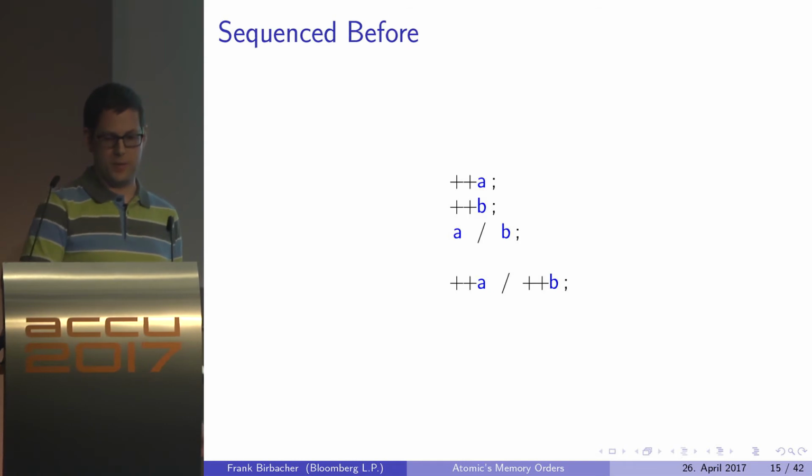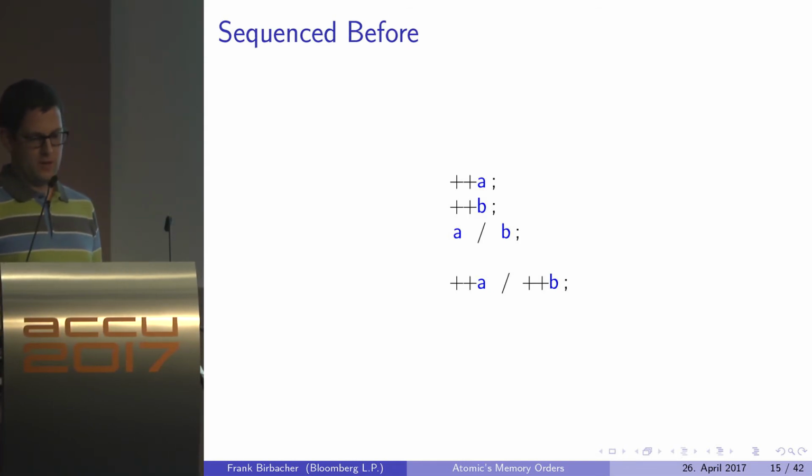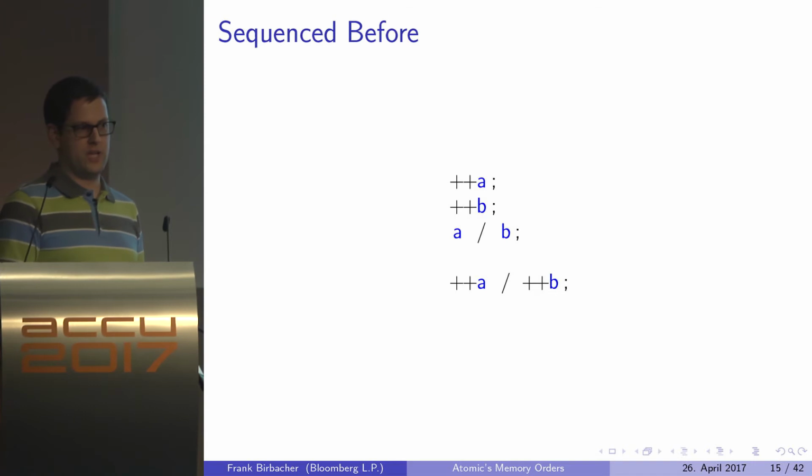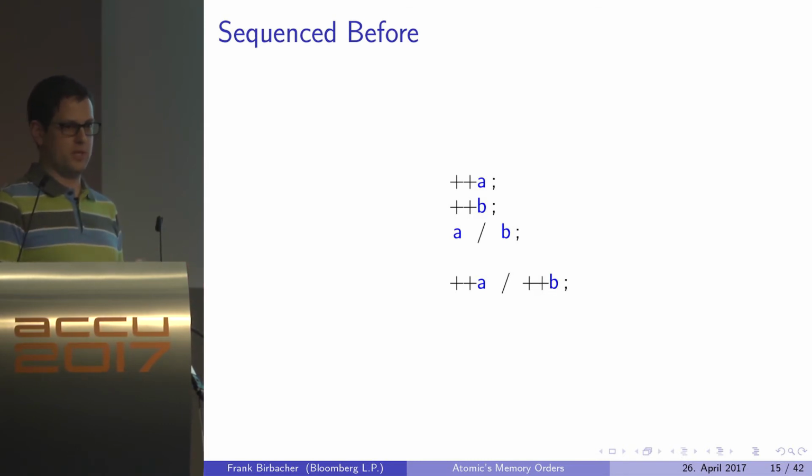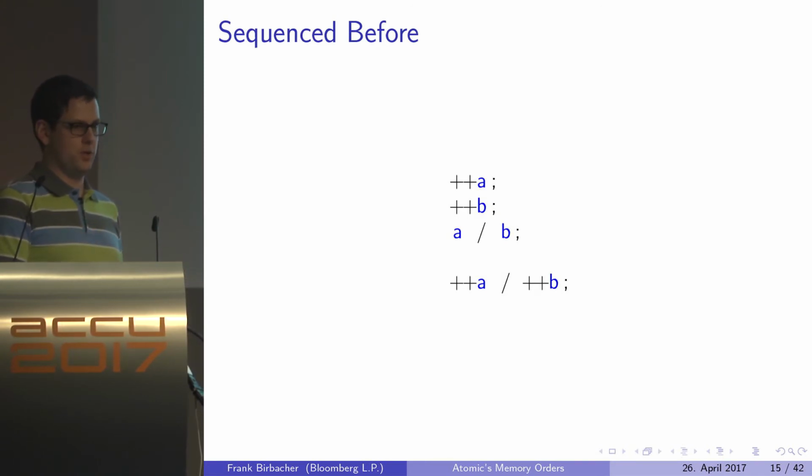Yes, to repeat that, if A and B actually refer to the same memory location, the same variable, then the statement in the bottom has undefined behavior because it's concurrently, not talking in terms of thread, but in the same statement, modifying the same memory location, which is undefined behavior.